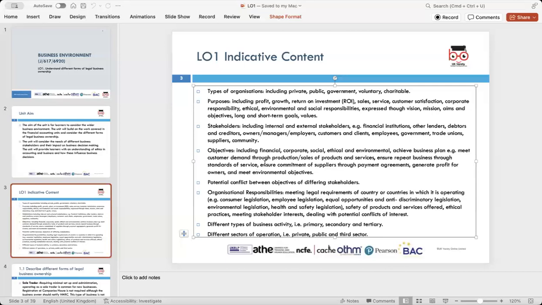Potential conflict, highlighting potential conflict between the objectives of different stakeholders. Organizational responsibilities: meeting legal requirements in the operating country or countries, safety of products and services, ethical practices, addressing potential conflicts of interest.